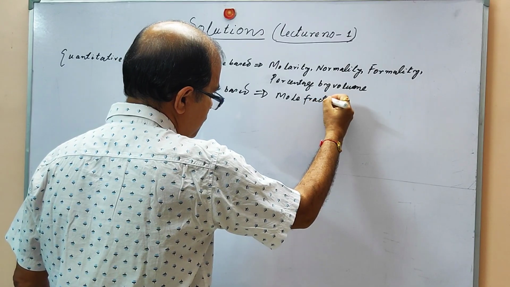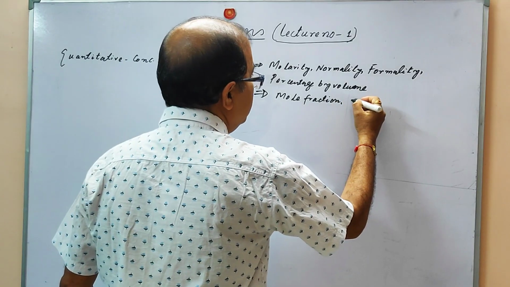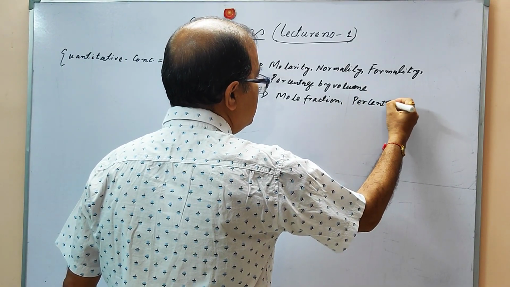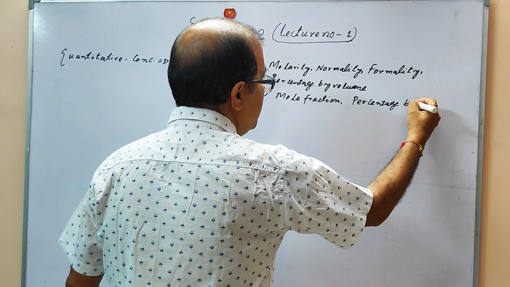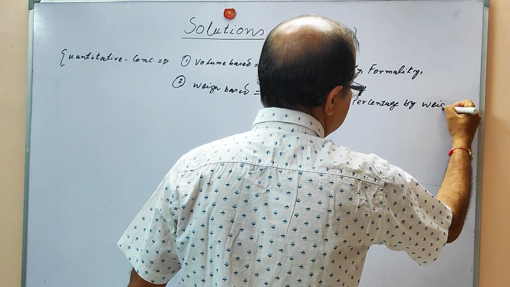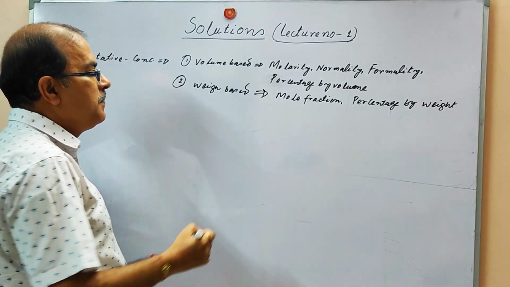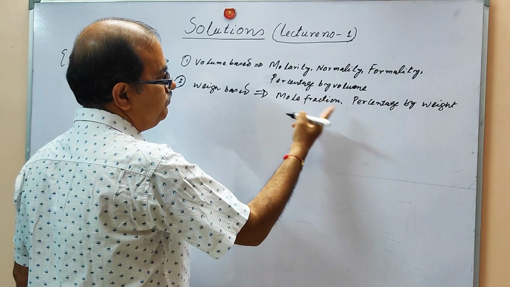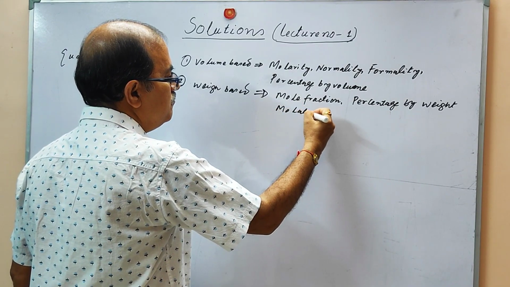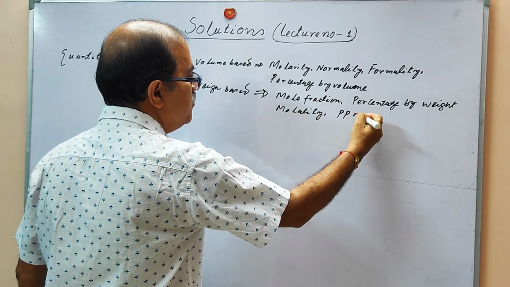Mole fraction is the way that we can express concentration. Then percentage by weight, then molality and PPM, parts per million.